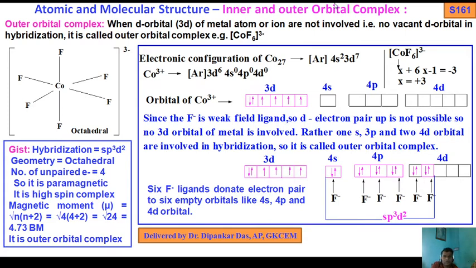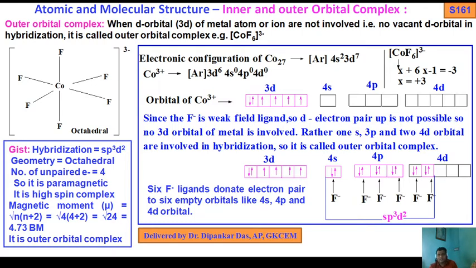Now since F minus is a weak field ligand, d electron pairing up is not possible. So no 3d orbital of the metal is involved. This 3d orbital does not take part in the hybridization, as all the orbitals contain electrons.